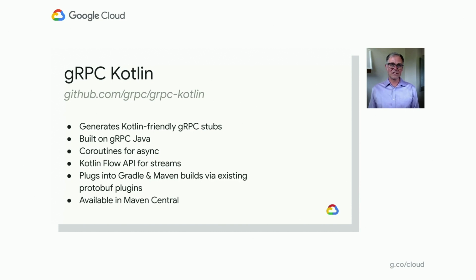So that means that your services can take a stream as an input and or return a stream as an output, and then you use the standard Flow API to interact with it. There's plugins for doing gRPC Kotlin for both Gradle and Maven, and of course it's available in Maven Central, so easy to get. So let's take a look at a demo for gRPC Kotlin and its stream support and running on the cloud with Cloud Run.